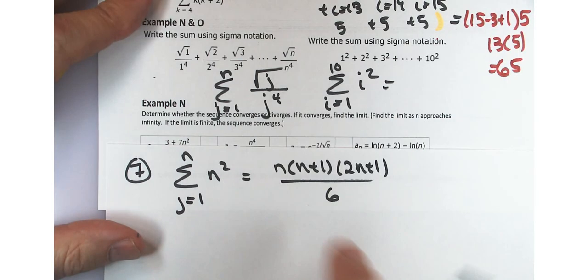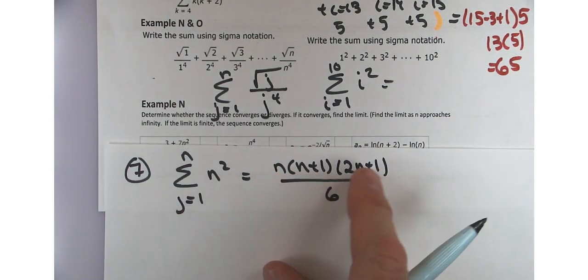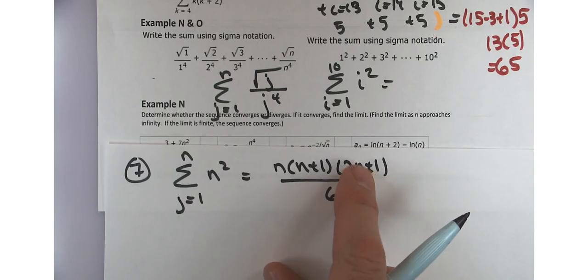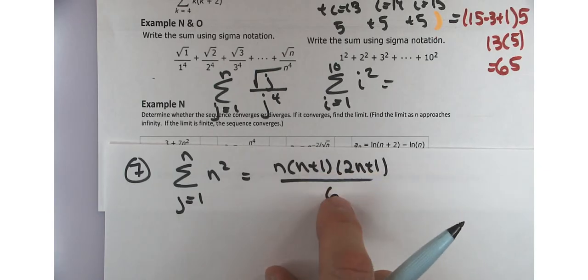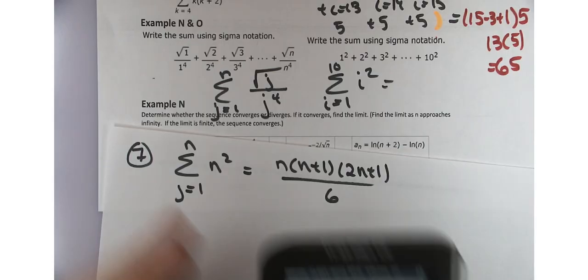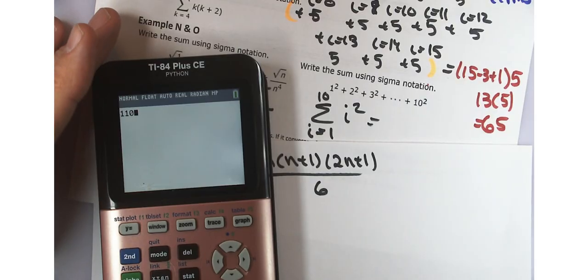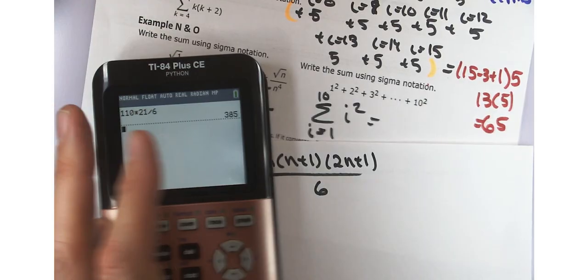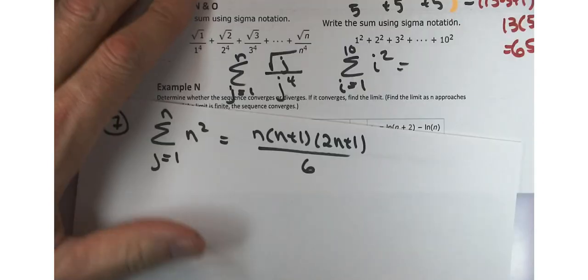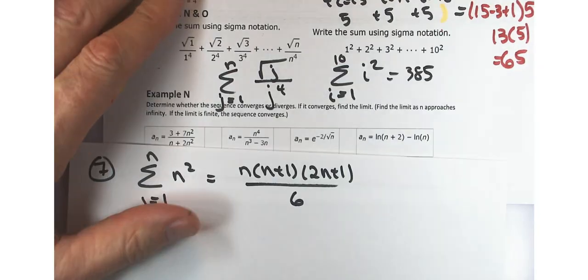That'd be 10 times 11 times 21, divided by 6. Just check me out here. That'd be 110 times 21 divided by 6. Yeah, 385. There we go. It's nice to have those formulas around.